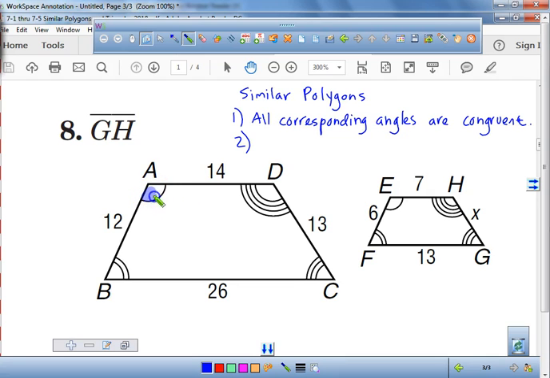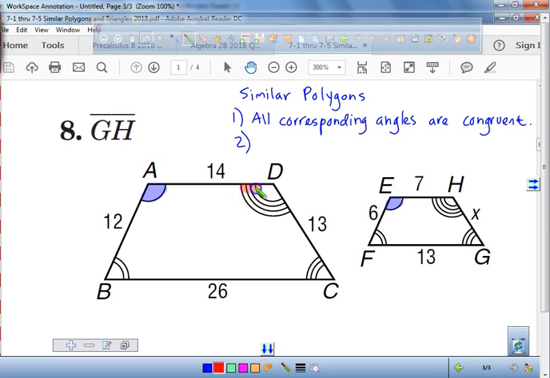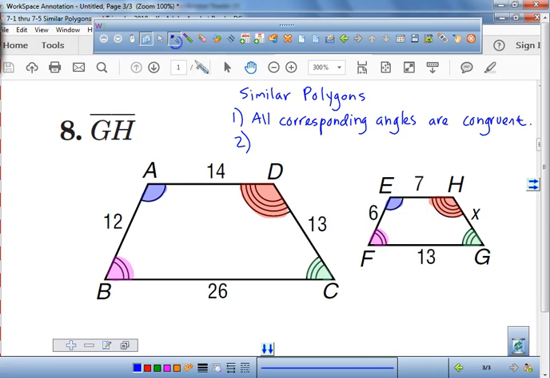So angle A, right here, angle A is going to correspond to angle E. Angle D, right here, I say angle D, that's going to correspond to angle H. Angle C corresponds to angle G. And last but not least, angle B corresponds to angle F.